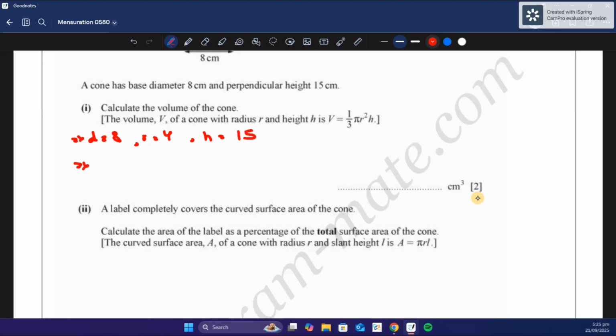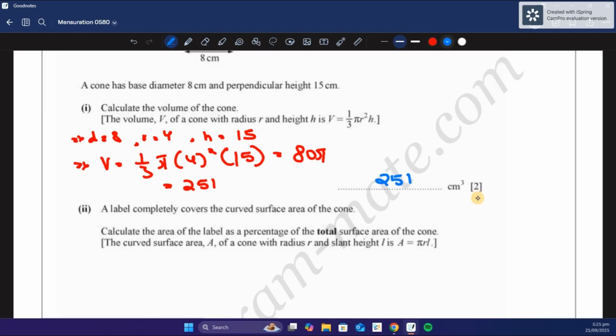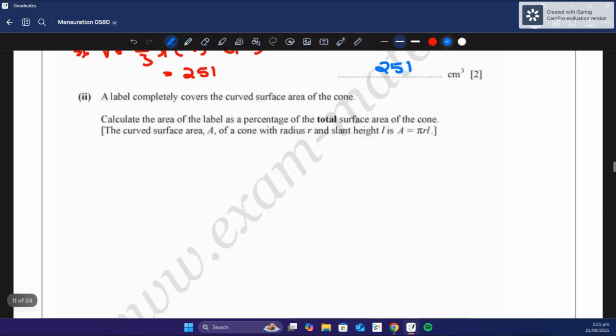Simply putting it into the formula, V equals 1 by 3 pi r squared into the height 15. This would give us 80 pi. This would equal 251, which is our final answer. Pretty simple, right?